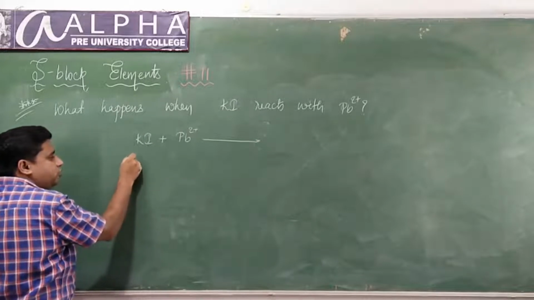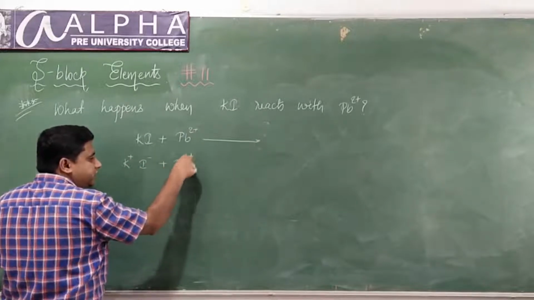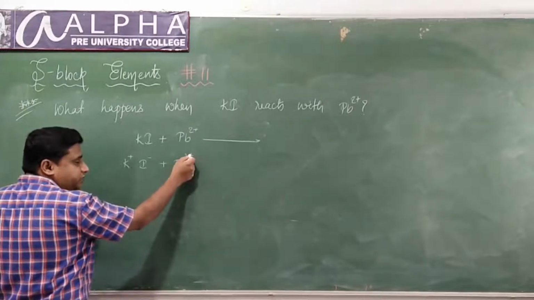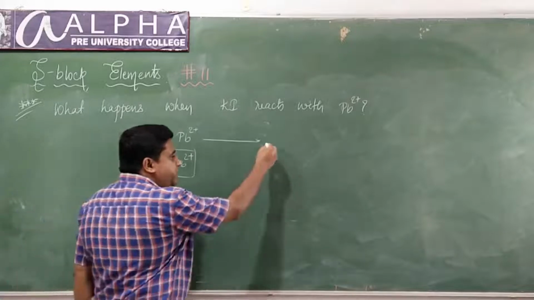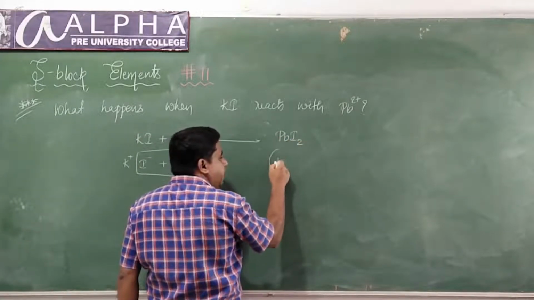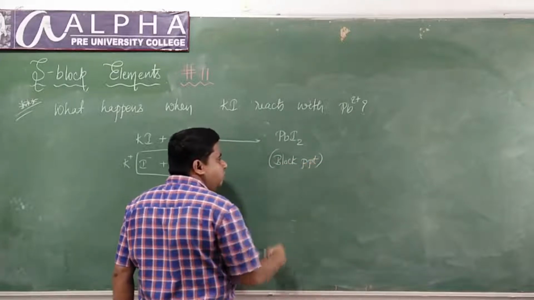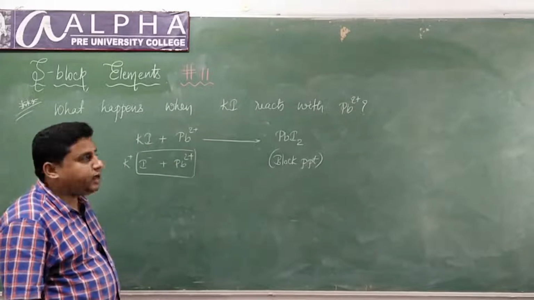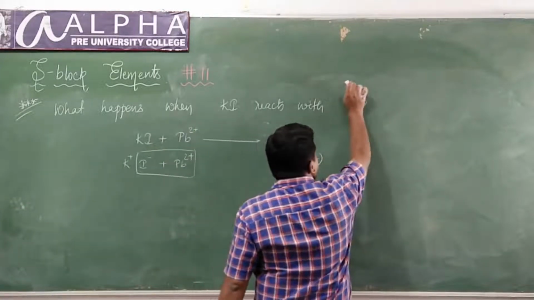Here we have potassium ion and iodide ion and lead ions, isn't it? So the positive charge of this species will react with the negative charge of this species. So what is the product formed here? We will get a black precipitate of potassium iodide. Understood? Now, what happens when potassium iodide reacts with silver ions?